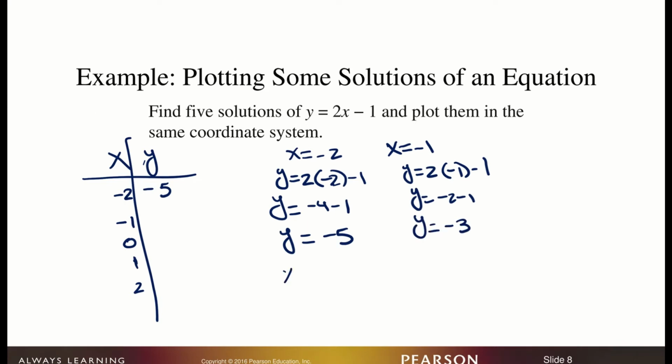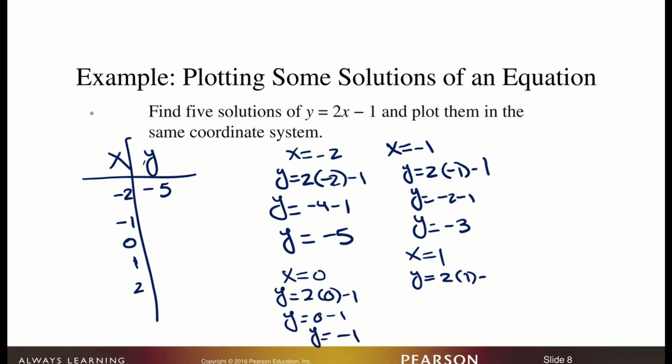If x is 0, we're going to get y equals 2 times 0 minus 1. So y equals 0 minus 1, or y equals -1. When x is 1, we're going to get y equals 2 times 1 minus 1. So we get y equals 2 minus 1, so y equals 1.